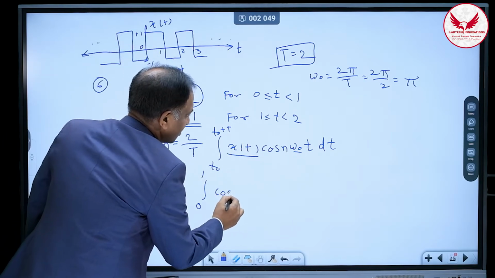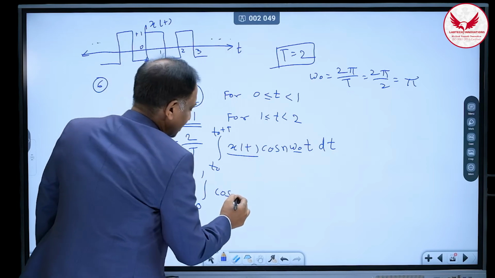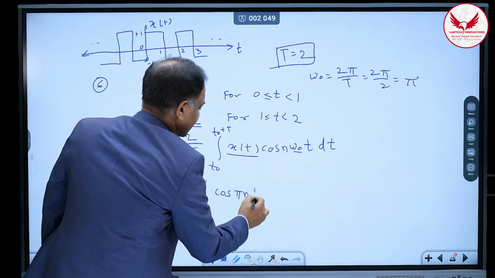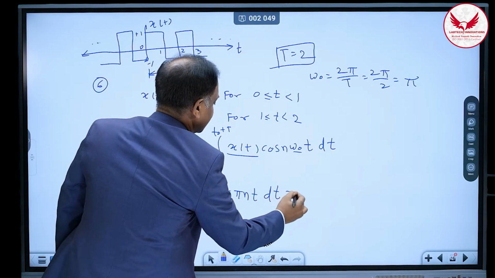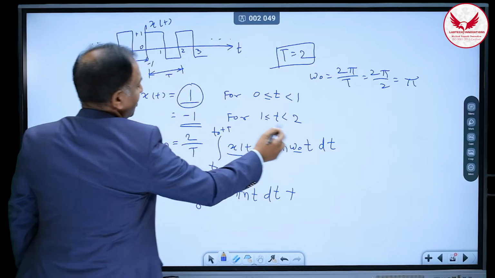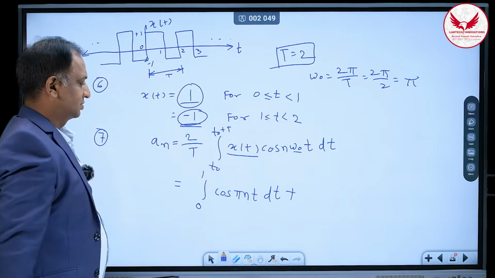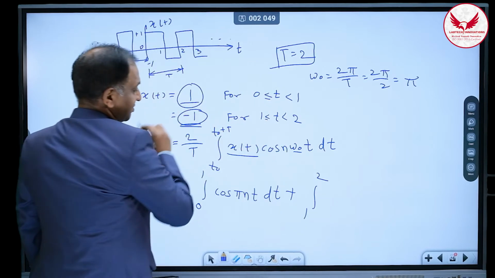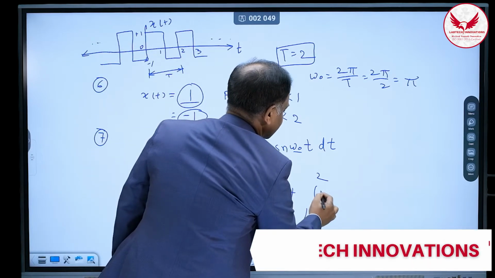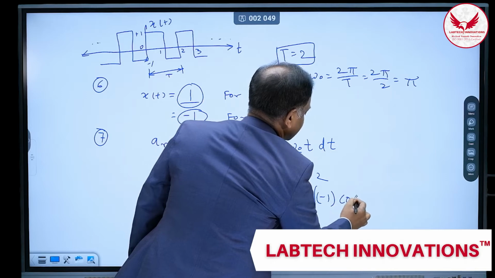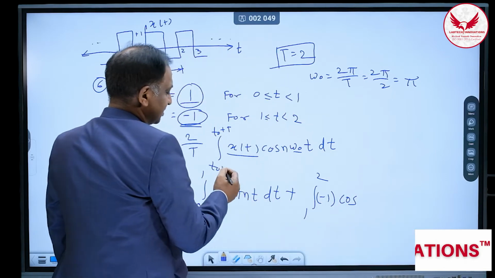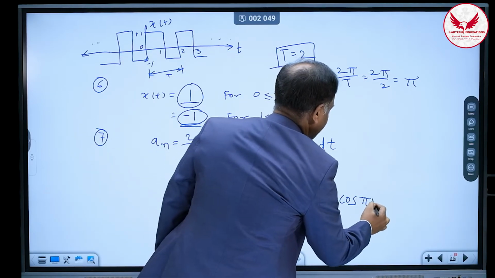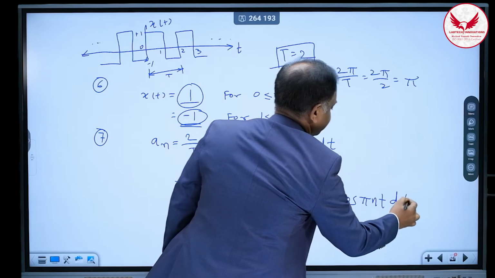I will write cos of pi n t dt, because omega 0 is pi, plus for 1 to 2 the amplitude is minus 1, so the limit will be from 1 to 2, and x of t is minus 1. So I will write here minus 1 into cos of pi n t dt.